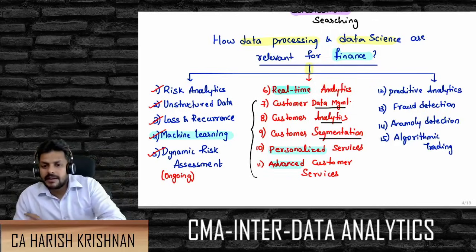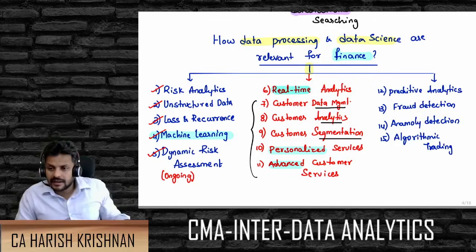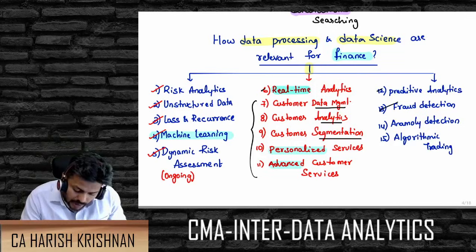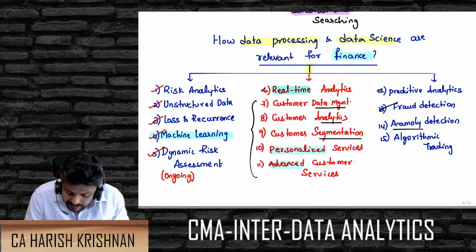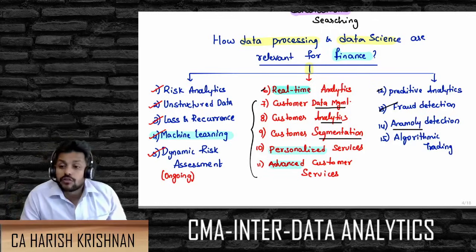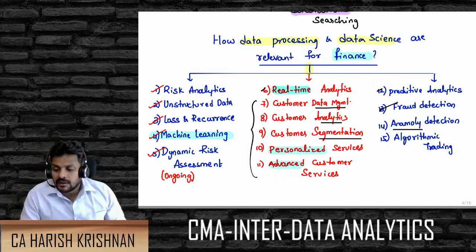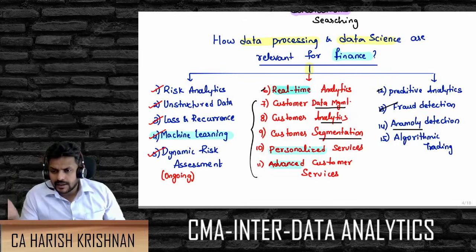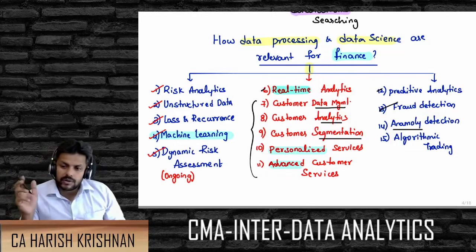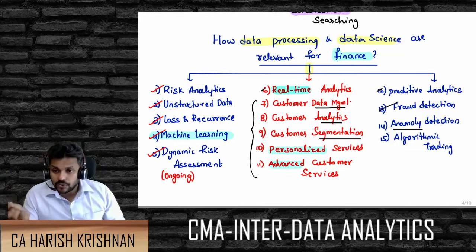If you move to real time analytics, the last part is all about analytics and detection. So real time analytics, predictive analytics, fraud detection, anomaly, something that is not representative, what we call outliers, right? Those are anomalies. And also today in algo trading or algorithmic trading, I think by the time we finish the syllabus, everybody will have understood, because towards the end of the syllabus we did talk about concepts like algo trading, where artificial intelligence is used, where the system knows when to process the order.